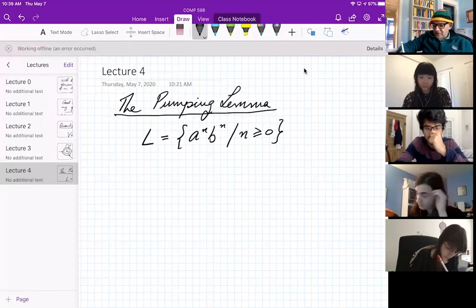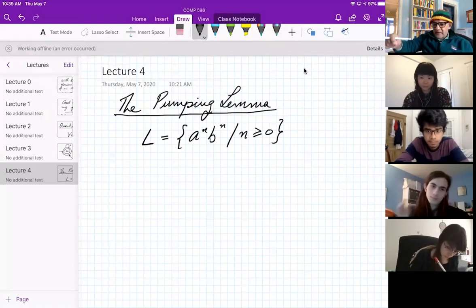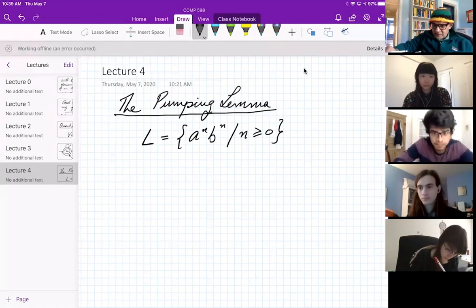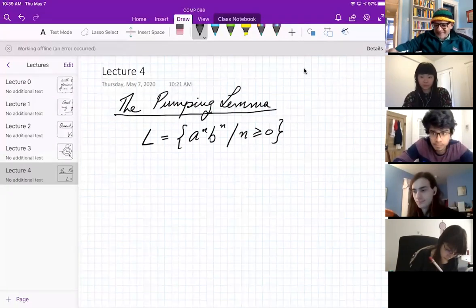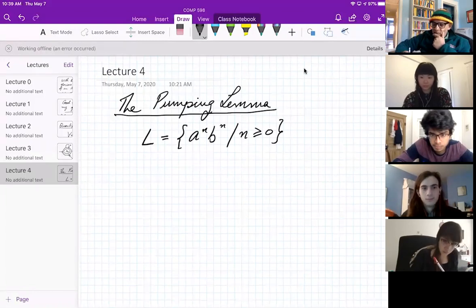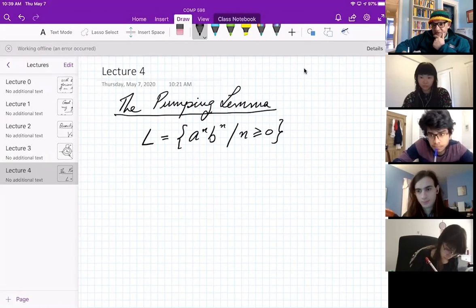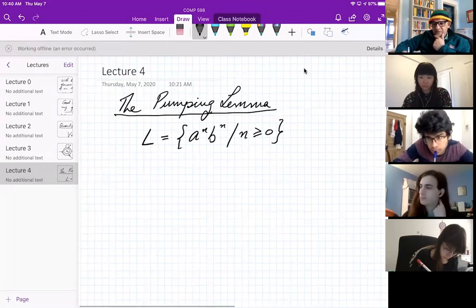By the way, this notation, A raised to the power n, means just repeat the symbol A n times. It's an informal notation. It's nothing to do with mathematical exponentiation or arithmetic. If I write (AB) to the power n, I mean AB, AB, AB, AB repeated n times. So here A is repeated n times, and by using the same superscript on the B, I'm saying B is repeated an exactly equal number of times.